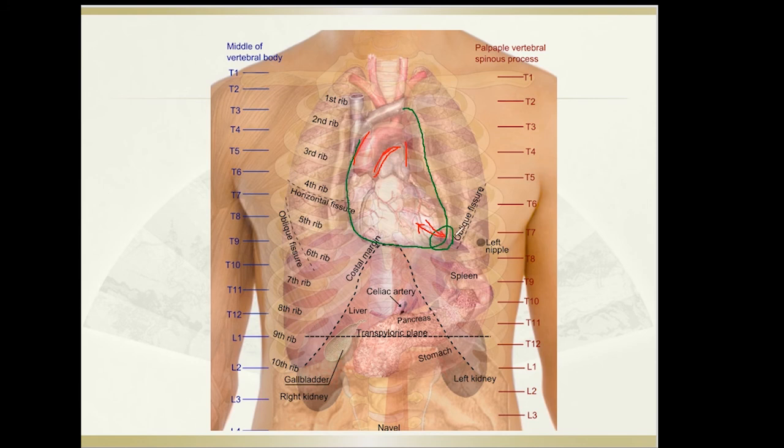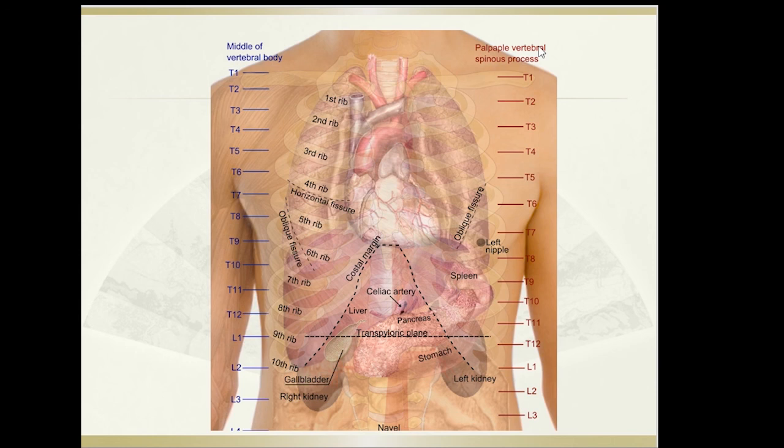You can see, in people who don't have much breast tissue or very big muscles, sometimes we can see the heart jumping there. So that's the area where we look to see the heart jumping. And certainly if you put your hand there, you can feel the heart jumping in that area.